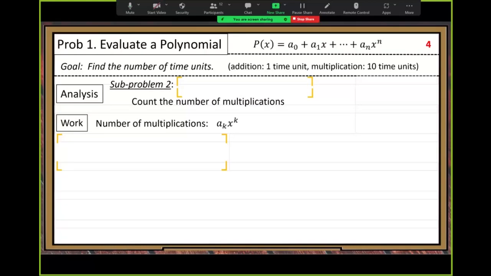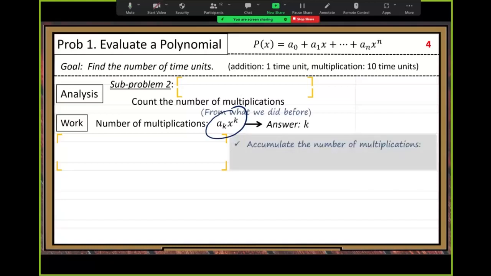So here, we already find the answer, right? The answer is K. So let's accumulate all those numbers corresponding to all the multiplications.